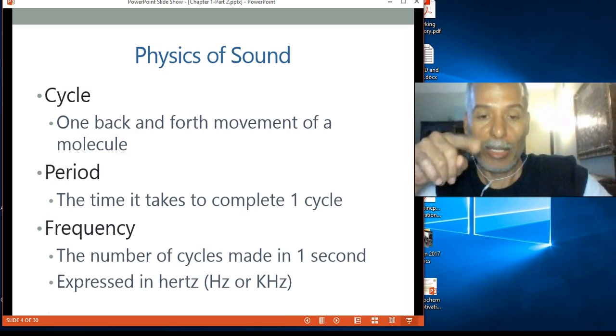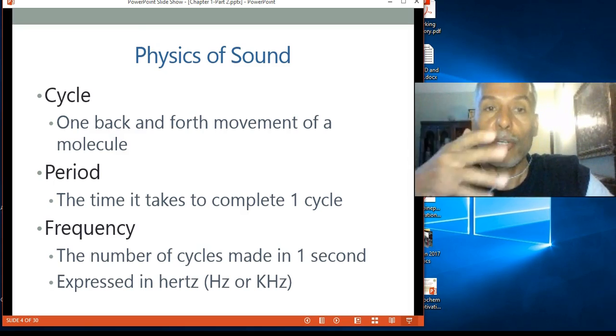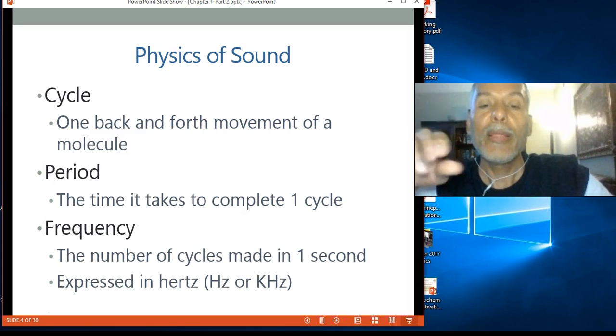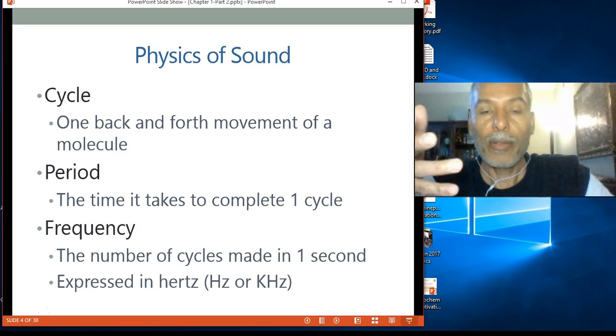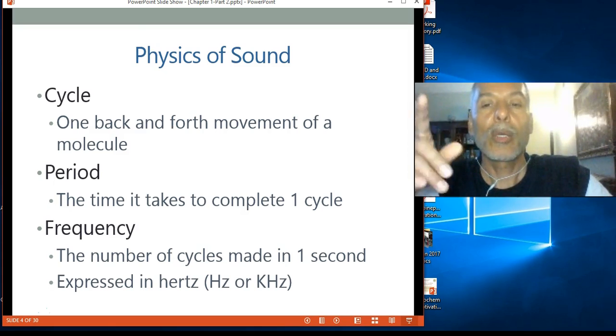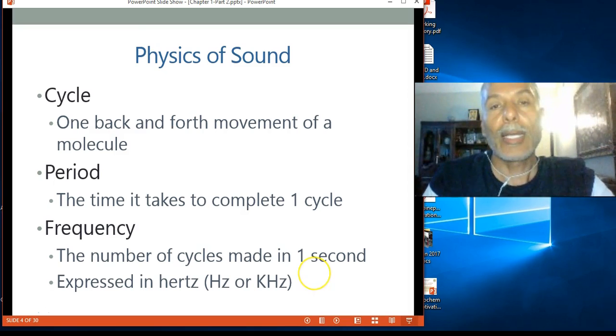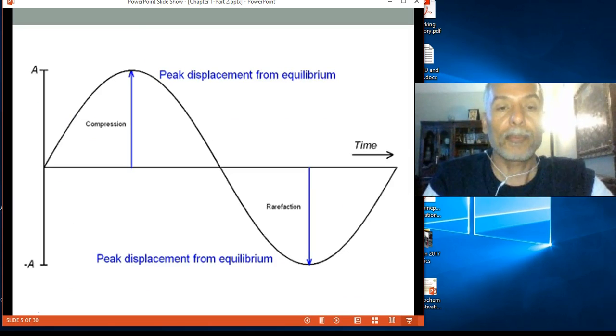Hertz, with a capital H, is the name of the scientist, I think German or Swiss, who made these calculations and figured them out. So instead of saying cycles per second, we say Hertz. 100 Hertz is 100 cycles in 1 single second. And remember, we never measure sound beyond 1 second. If it is not happening in a single second, there is no way that we can hear it.